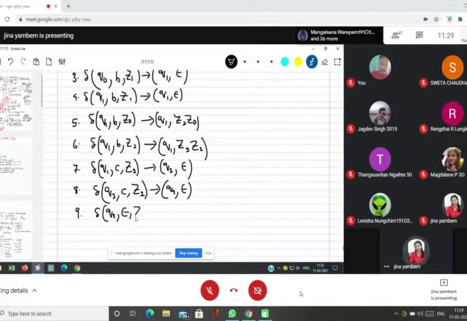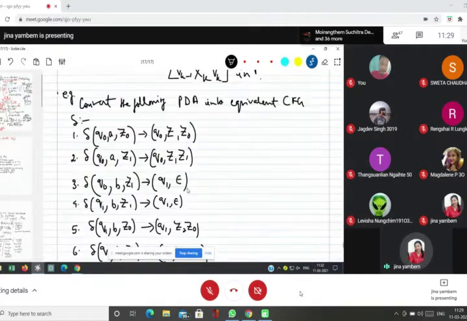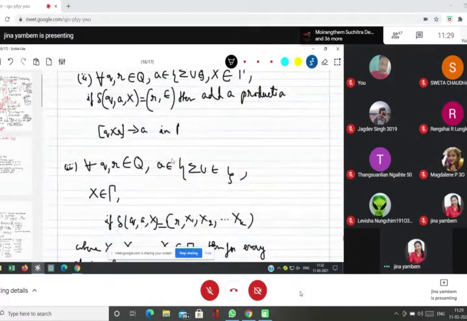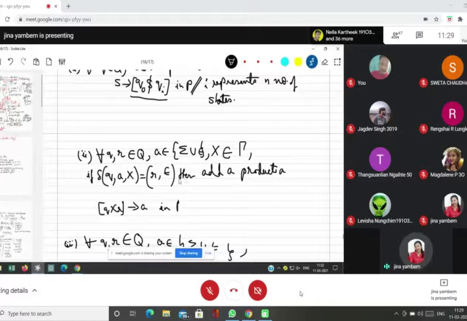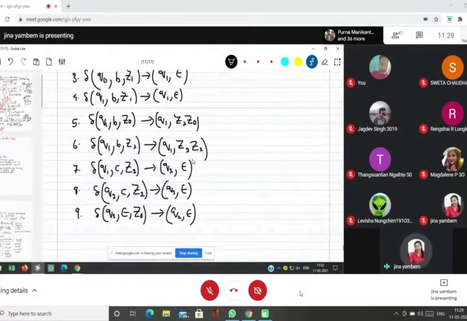Number 9: delta(q2, epsilon, Z0) = (q2, epsilon). See, this is the PDA provided to us. From this PDA, we have to construct the equivalent CFG. As per the rules I have mentioned, the PDA is assumed to accept the string or language by empty stack.